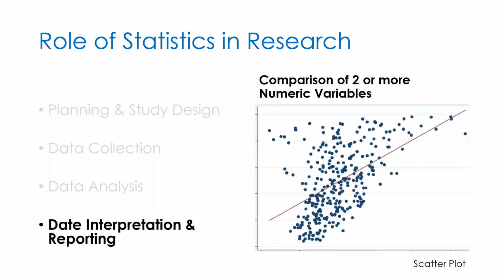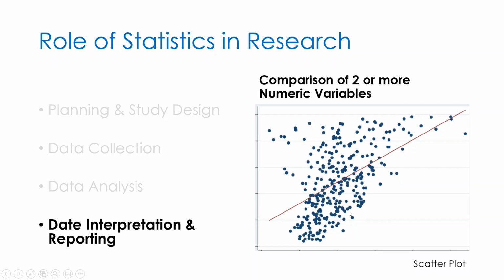There is the scatter plot. We use a scatter plot when we are trying to compare two or more numerical variables. Remember, they have to be numerical, so they have to have numbers. It should not be something that is categorical. Because there are two variables, let's say, for instance, you are looking at height and weight.